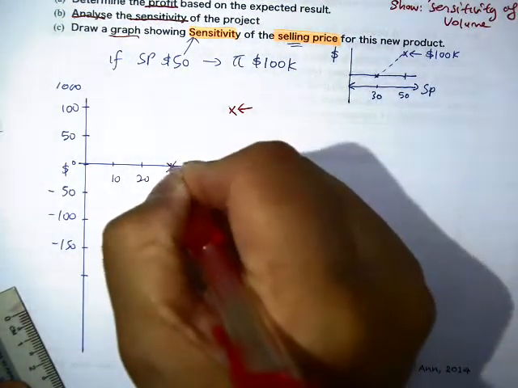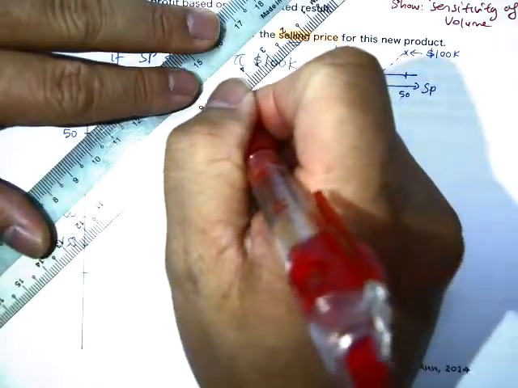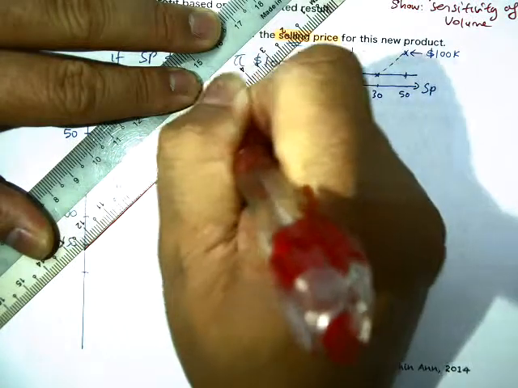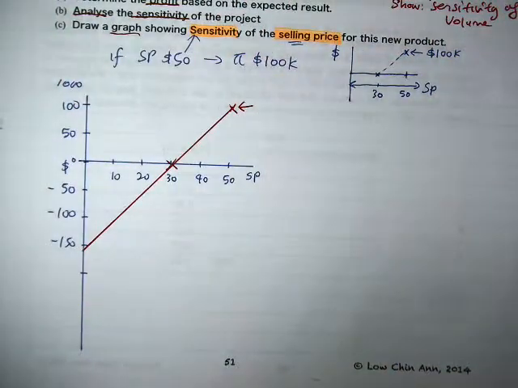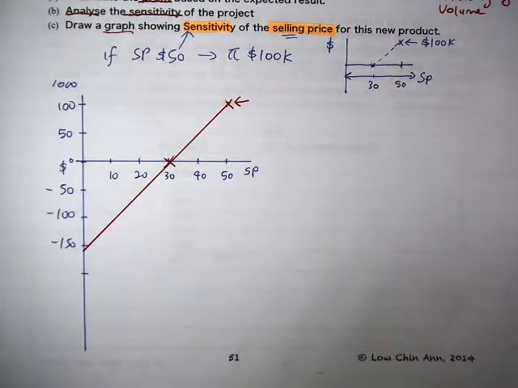At the price of 30, you break even. So if we take these 2 points combined, now this graph measures the sensitivity of your selling price.